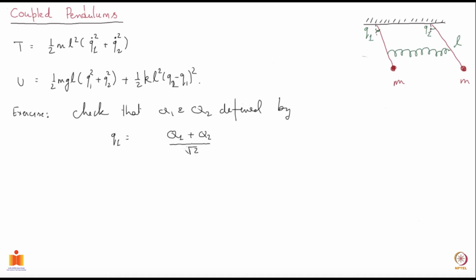Of course, whether this is square root of 2 or some other coefficient one can easily fix, but the point is that you can guess that I should use such a combination, q1 plus q2, and capital Q2 to be 1 over m L square, q1 minus q2.